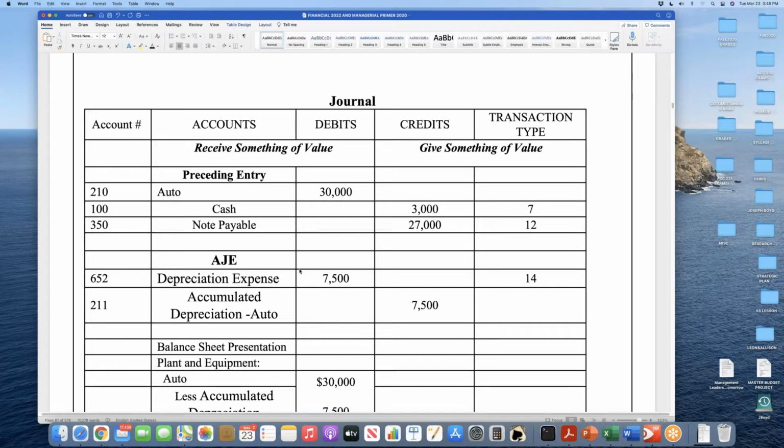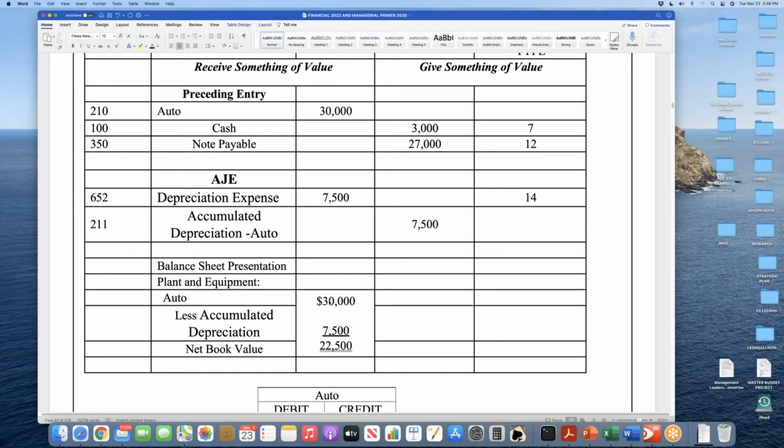So this is our AJE where we have long-lived, non-current assets that are going to last more than a year. We always want to know what the cost of the car was. So we're going to show the depreciation and accumulated depreciation. What kind of an account is accumulated depreciation?